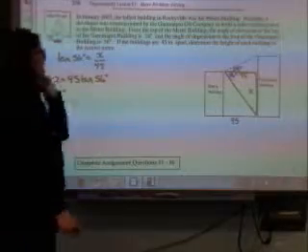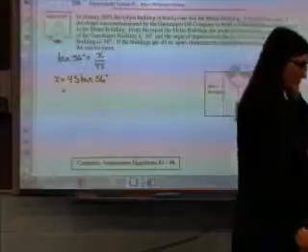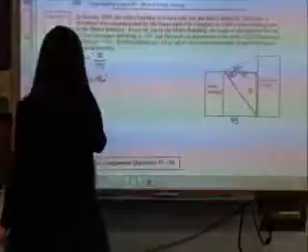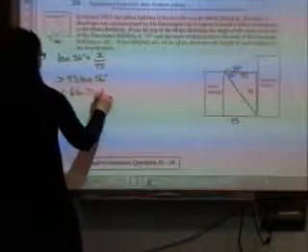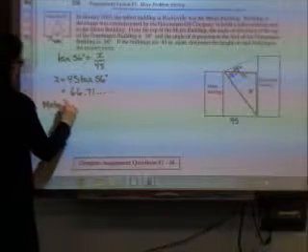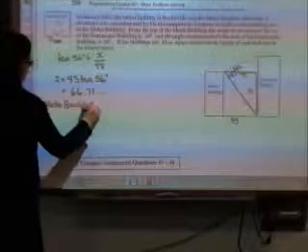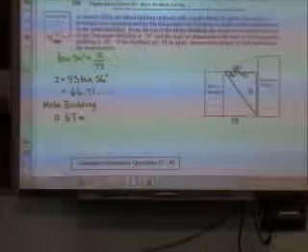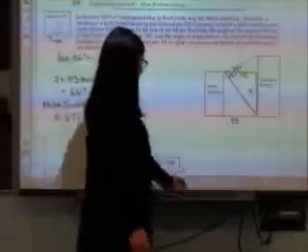So what is 45 tan 56? 66.715. So then that means that the Metro building is 67 meters tall.